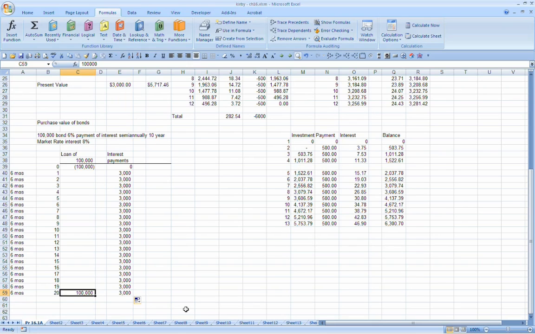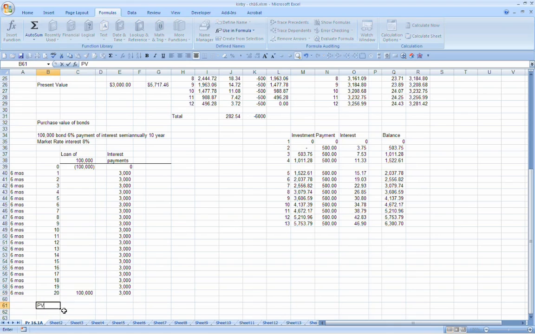If I only wanted to earn a 6% interest rate, I would pay $100,000 for this stream of payments. But I want to earn 8%. So I need to do two things. I need to revalue this payment of $100,000. I need the present value of a payment 10 years in the future at 8% interest. So what is that worth?